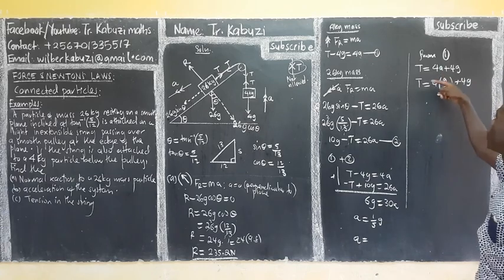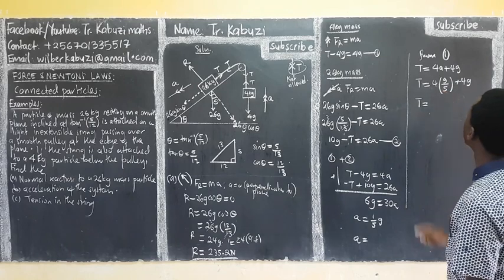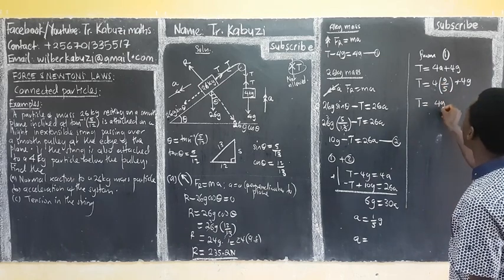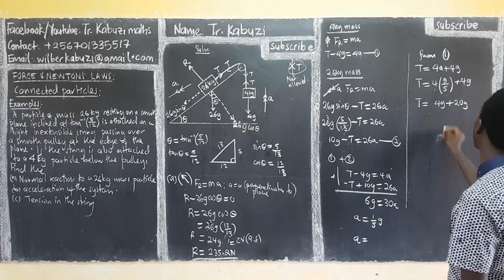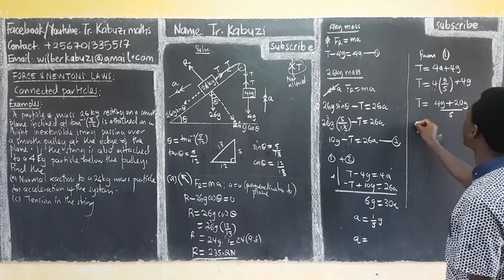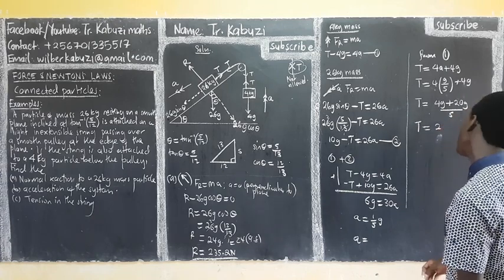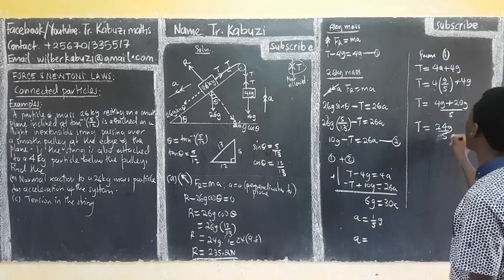It's easier to use this before you substitute there. So T is going to be 4g over 5 plus 4g; you cross multiply, you get 20, in simple terms getting the LCM, the whole over 5. So my T is going to be 24g, the whole over 5.